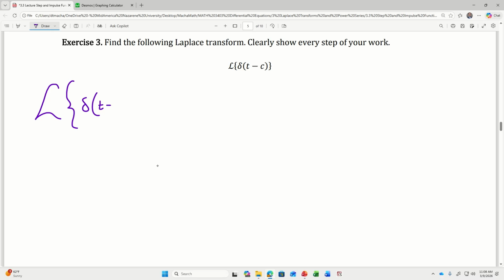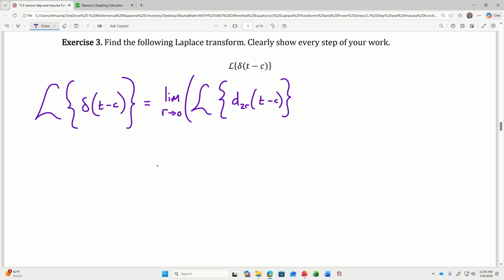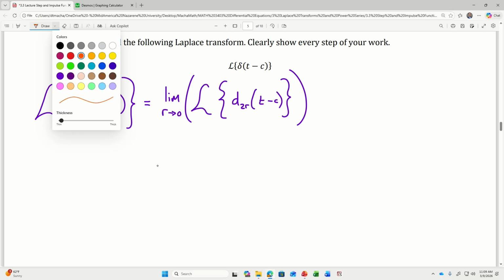But if I want the Dirac delta impulse to happen at a time c, then this Laplace transform is going to be the same as the limit as r approaches 0 of the Laplace transform of the unit pulse function with a duration of 2r at t minus c. And then we're going to switch colors and just consider this Laplace transform.